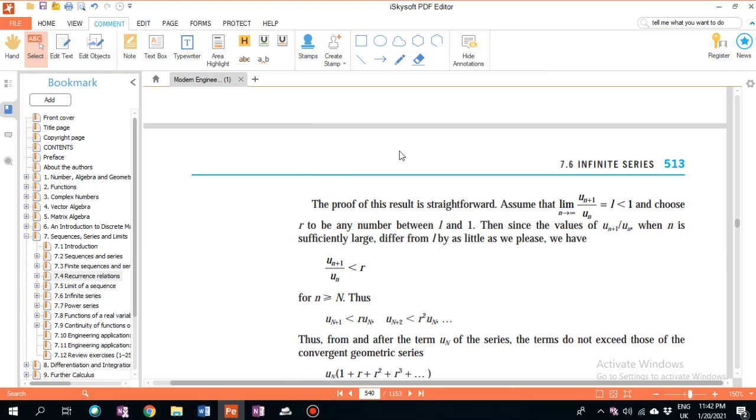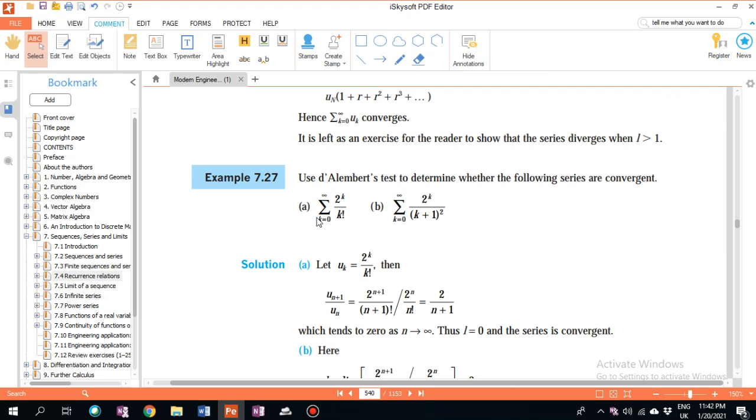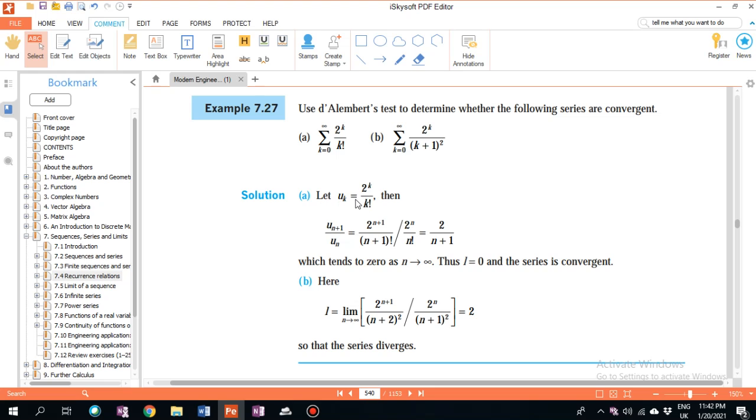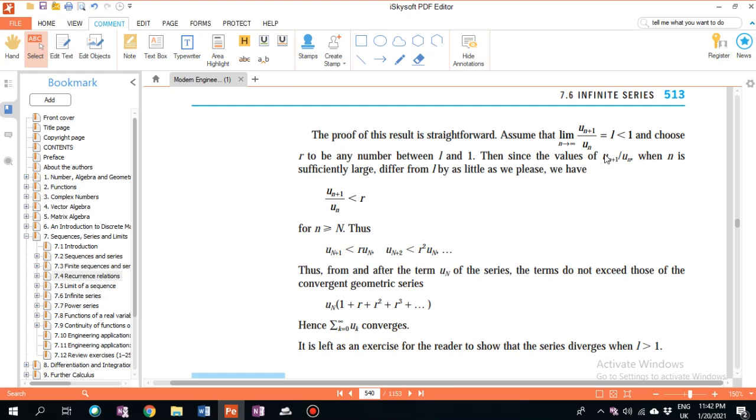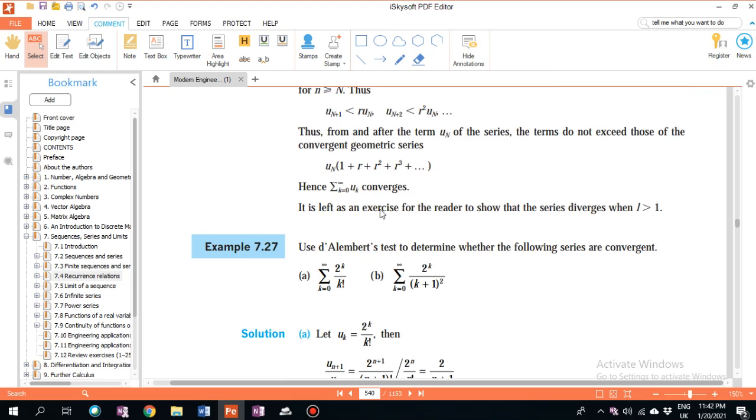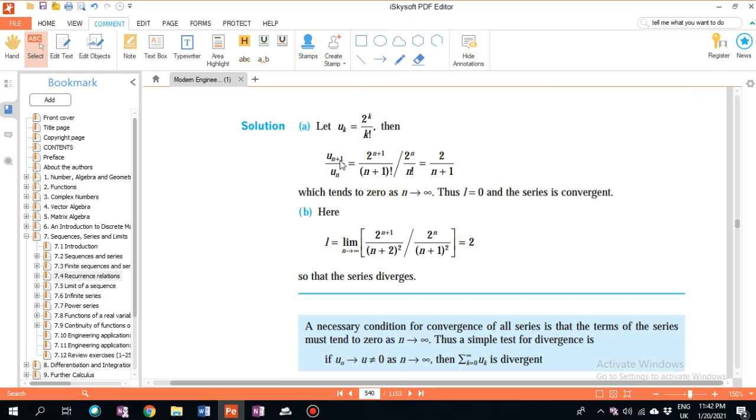the D'Alembert ratio. For example, we can see it here. So you have 2^k divided by k factorial. Then here we use the formula of u(n+1) divided by u(n), where u(n+1) is 2^(n+1) divided by (n+1) factorial, divided by u(n), which is 2^n divided by n factorial.